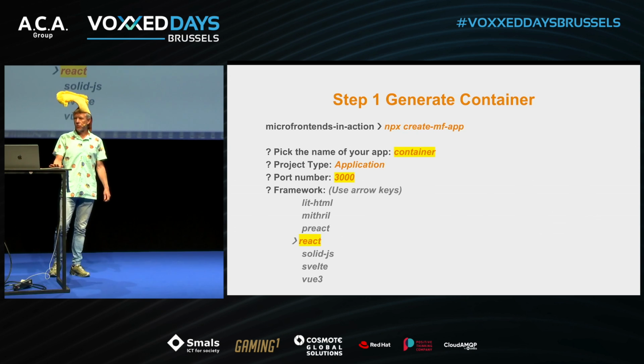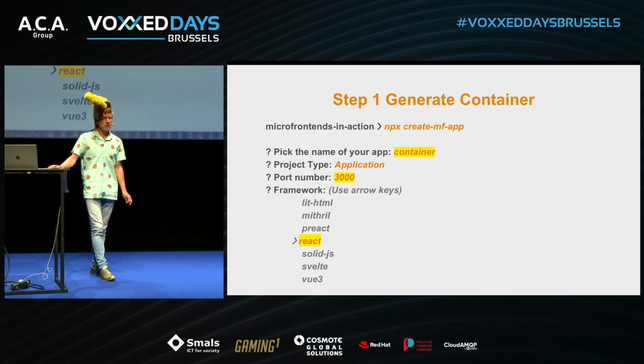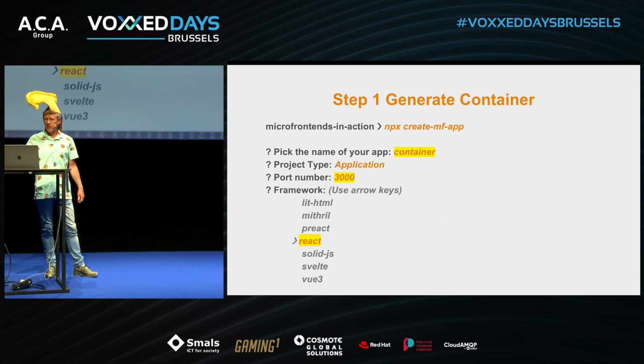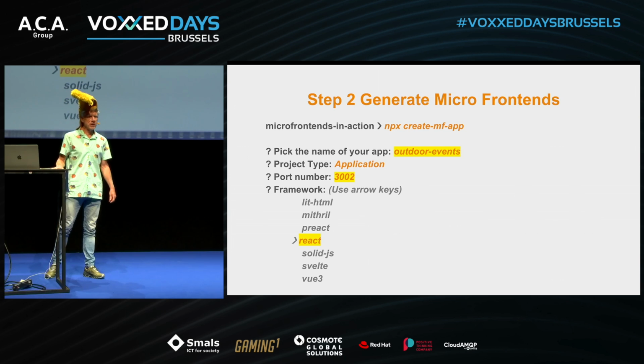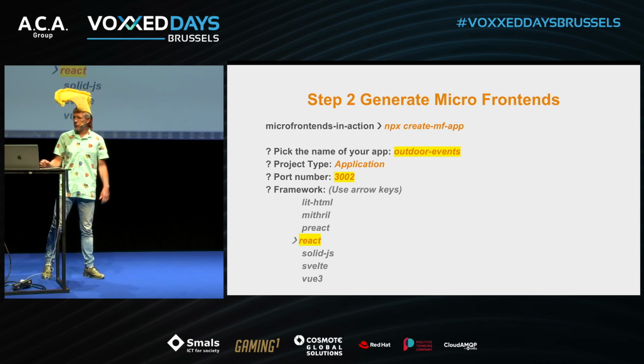To generate the container, you can scaffold the container with this command, of course. You give it the name and the project type, and also the port number, and which framework you like in the front end. So you can choose React, but also Svelte, Vue, etc. And for my micro frontend in step 2, I use the same command, and every micro frontend runs on a separate port, and again I choose React.